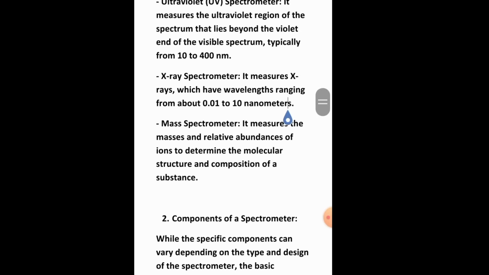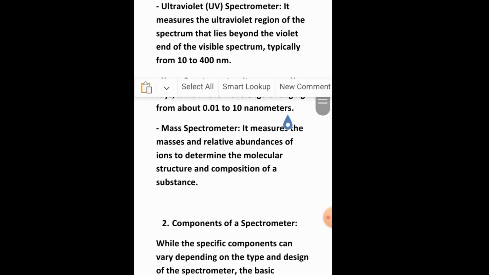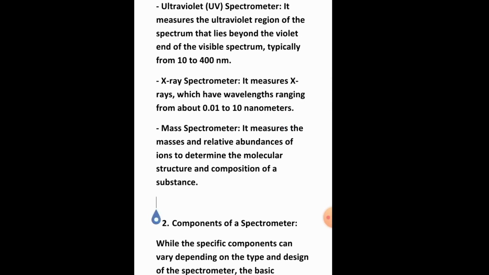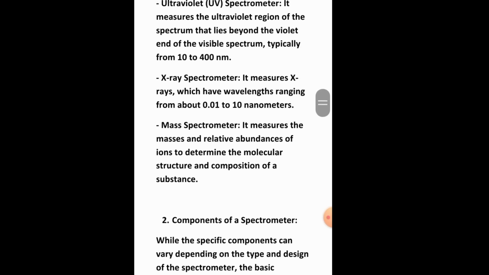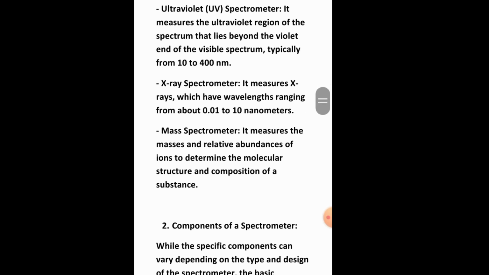Ultraviolet spectrometers measure the ultraviolet region of the spectrum that lies beyond the violet end of the visible spectrum, typically from 10 to 400 nanometers. X-ray spectrometers measure X-rays, which have wavelengths ranging from about 0.01 to 10 nanometers.